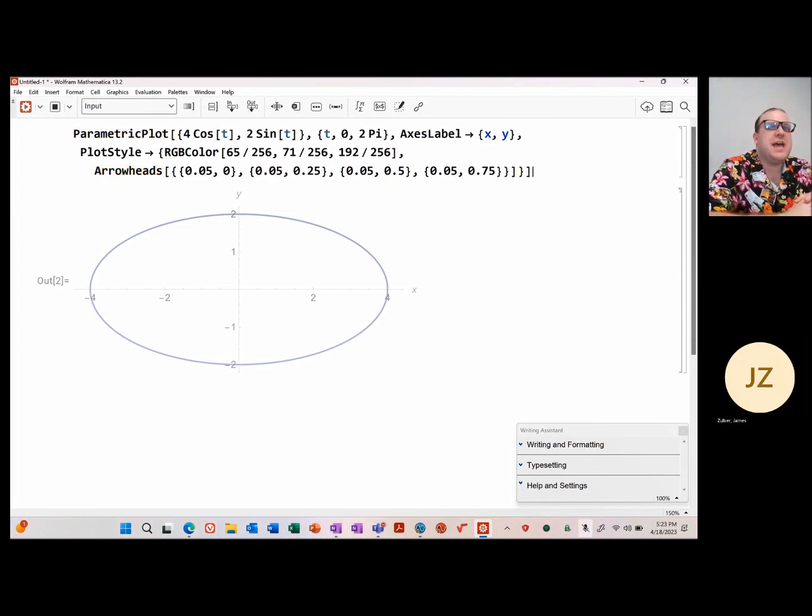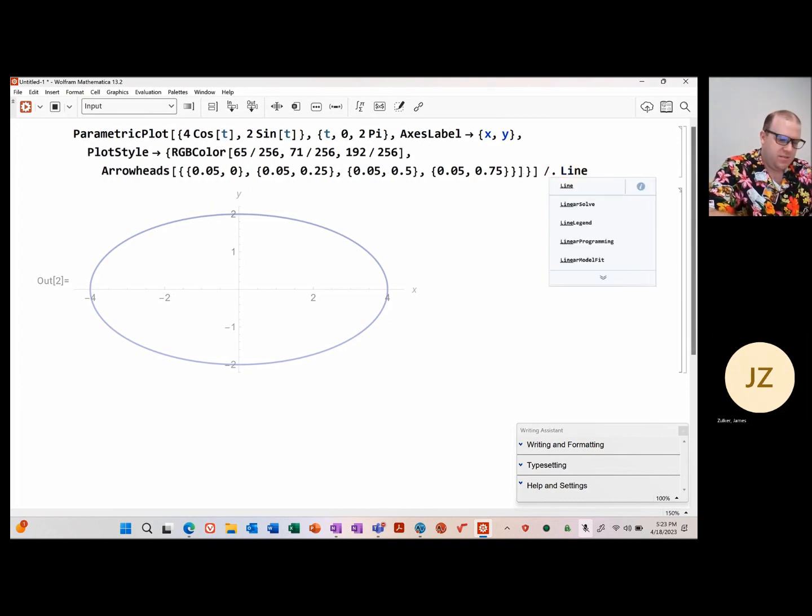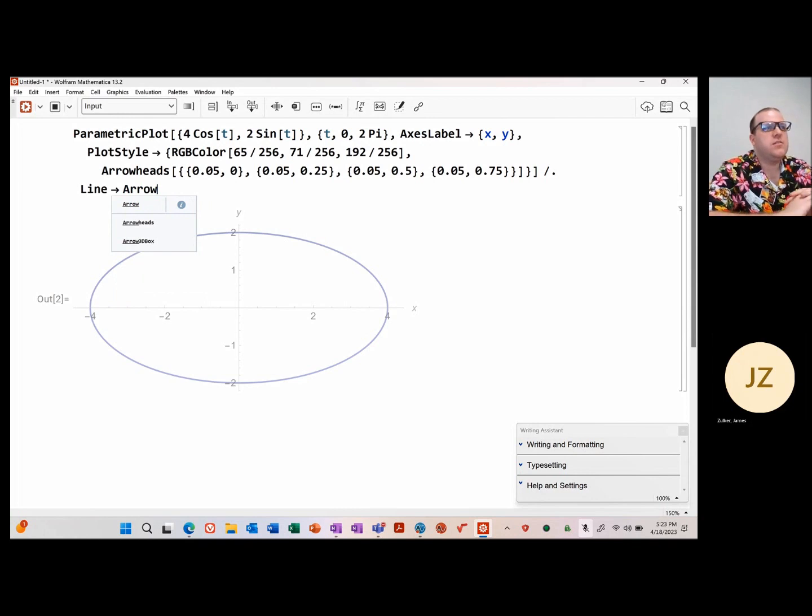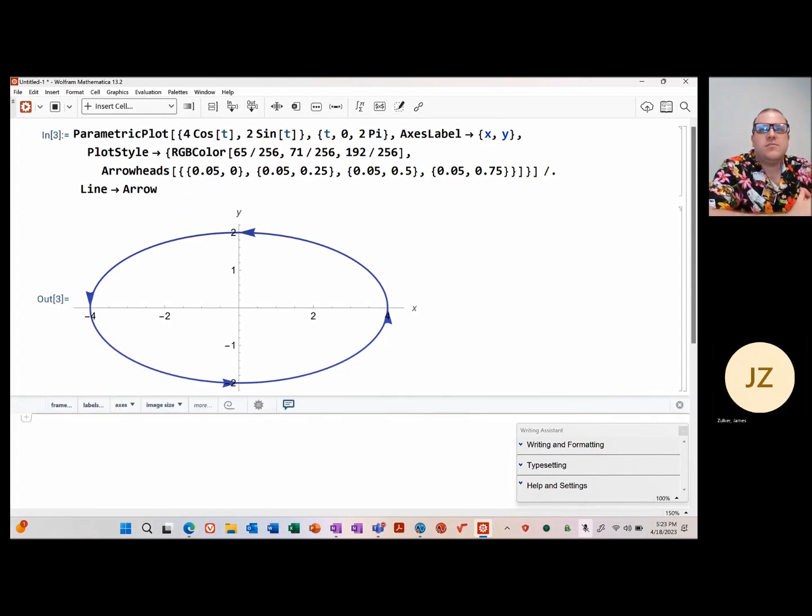In order for this to work, I have to add one thing at the end. I'm saying line as an arrow. And there are the arrowheads. I can probably adjust these positions to be more of where I want them.